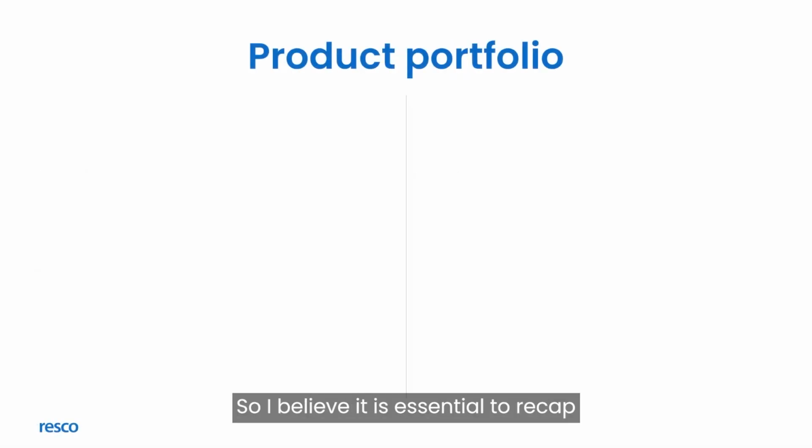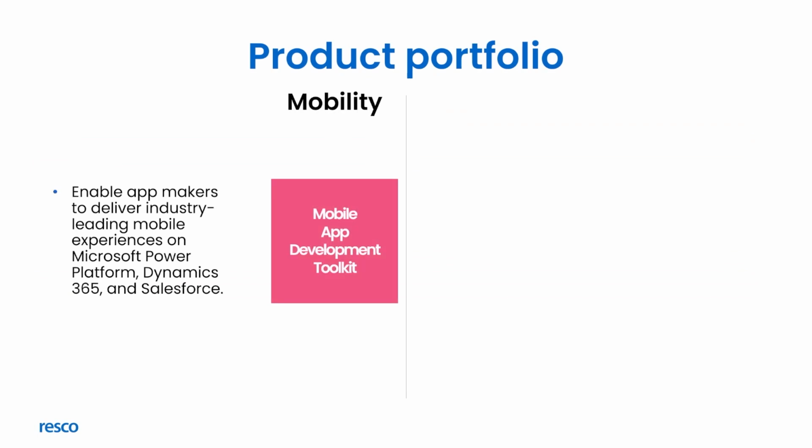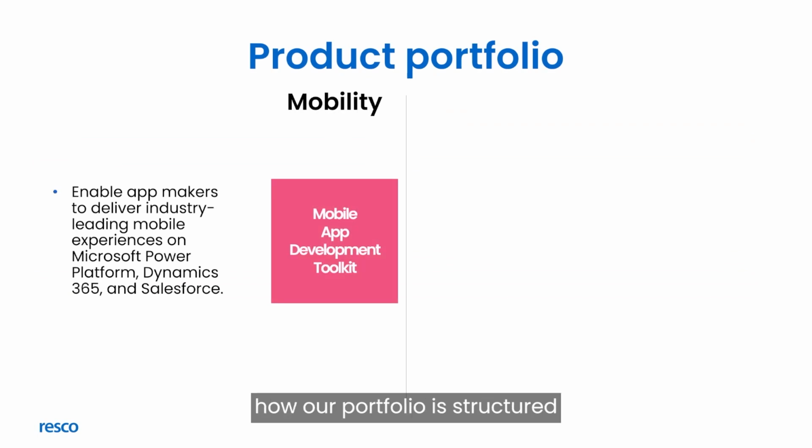I believe it is essential to recap how our portfolio is structured in a very simple way. It consists of the mobility part, which is our core technology, the Mobile App Development Toolkit, providing mobility for businesses, including functionalities like questionnaires, scheduling, or reporting.